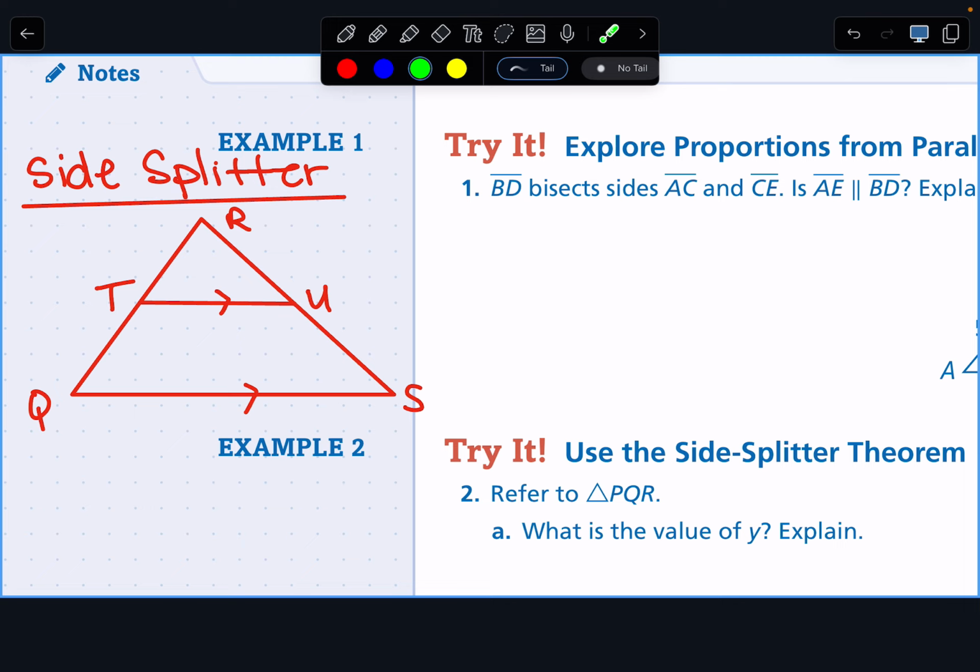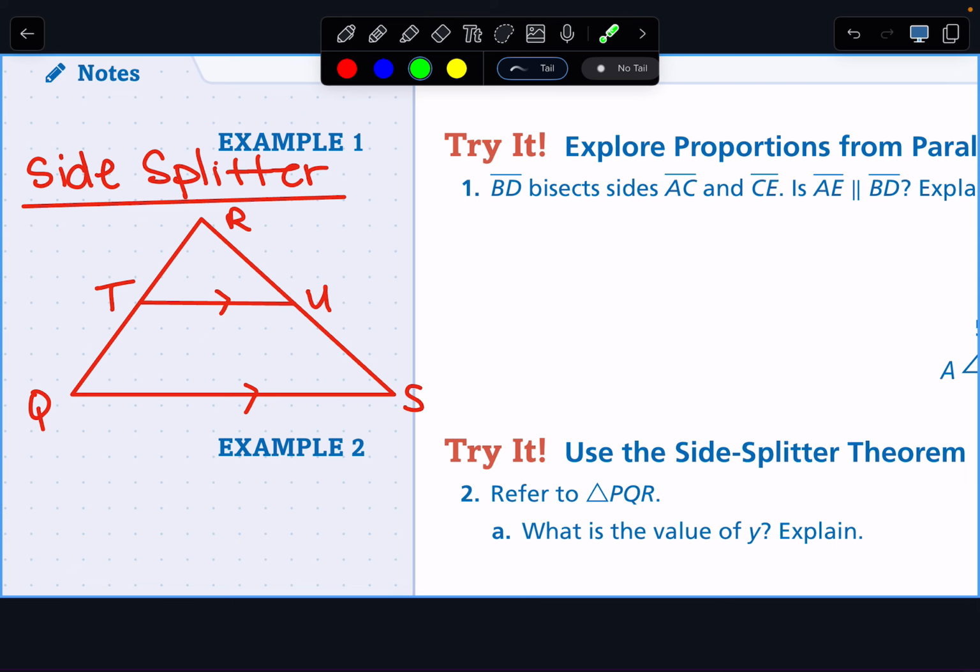Are they similar? Yes, they are similar. Okay, because they share angle R, because they have corresponding angles, we have two similar triangles.